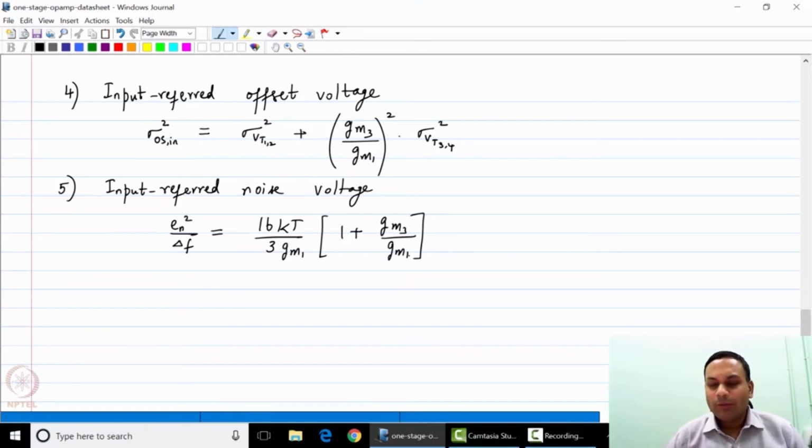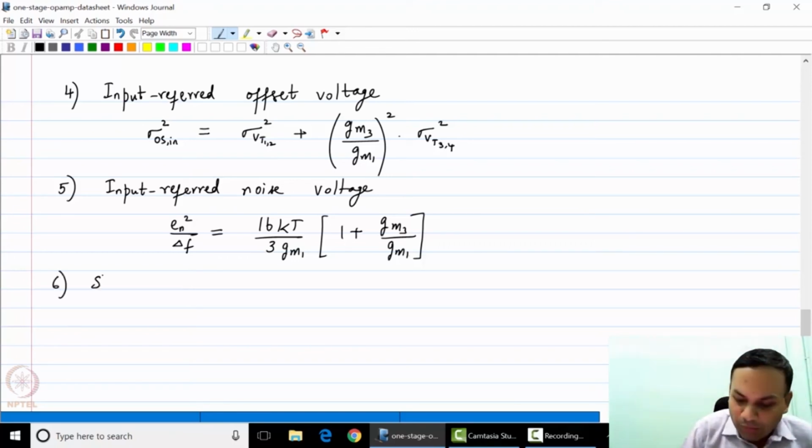Again, as we have seen before, to minimize the input referred noise voltage, in other words, to build a low noise op-amp, you will need to maximize gm1 as well as minimize gm3 relative to gm1.